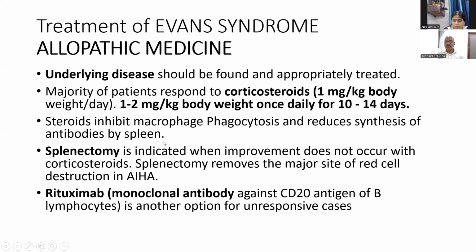Most patients will respond to the steroids, but if they don't respond, then the spleen is to be removed, because the spleen is the site where the RBC are getting destroyed. If splenectomy is done, then maximum benefit will occur in these Evans syndrome patients. If splenectomy is also not working, the monoclonal antibody rituximab is another drug given in unresponsive cases.